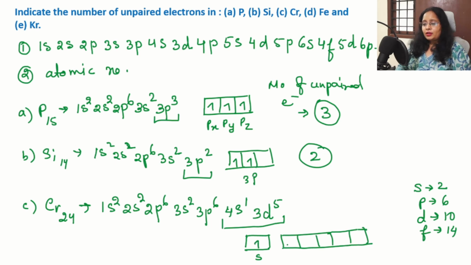S having 1 electron and D having 1, 2, 3, 4, 5. Total number of unpaired electrons are 5 in the D and 1 in the S. S also having an unpaired electron. So total number of unpaired electrons is 6, as we can see.